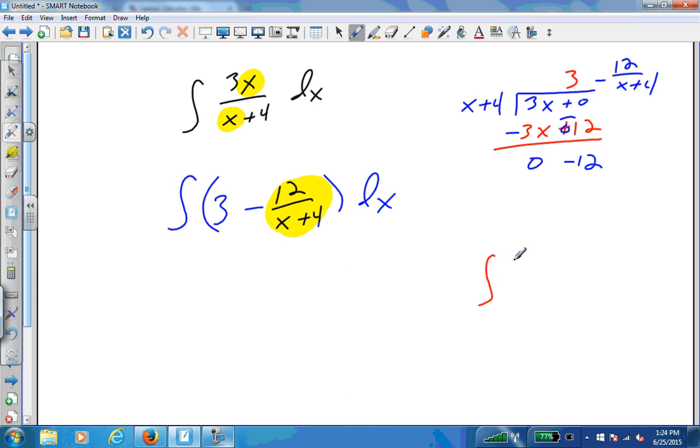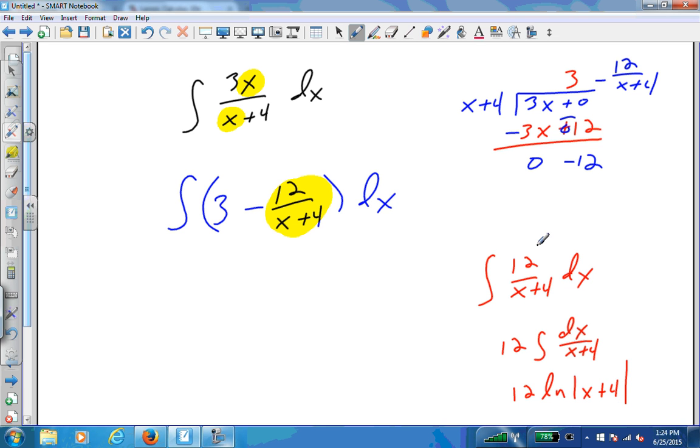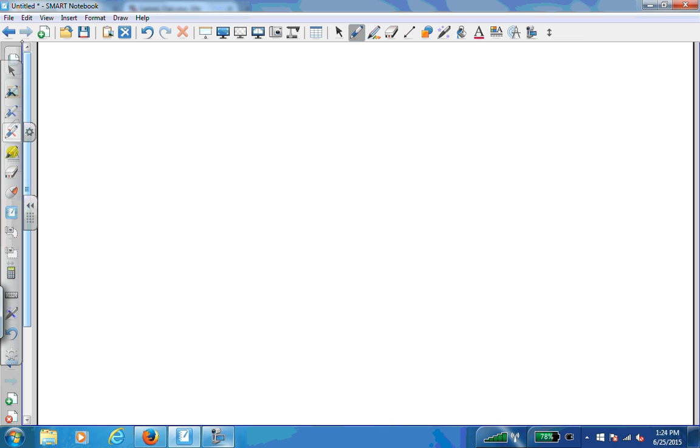Notice if we want to integrate 12 over x plus 4, 12 comes out front. The numerator is just the derivative of the denominator, so that integrates into natural log absolute value of u. So improper fraction, make sure we divide that out.